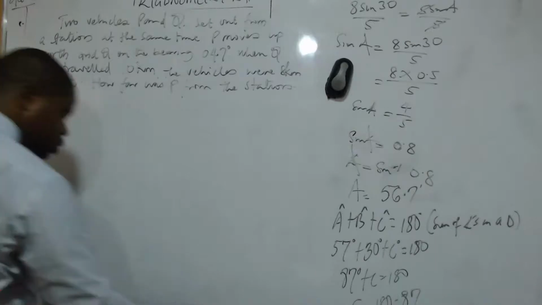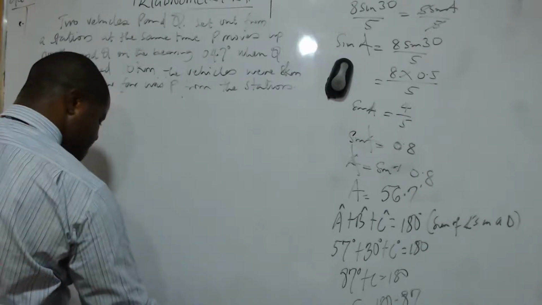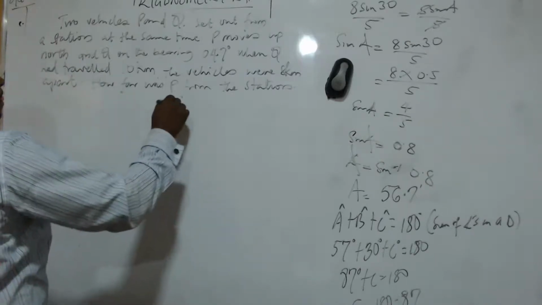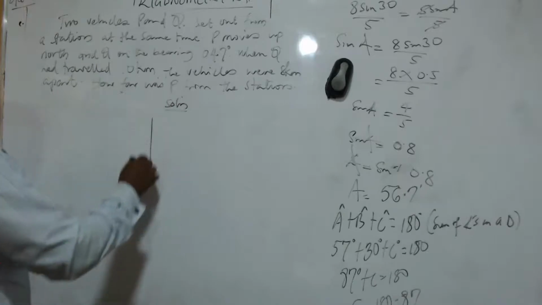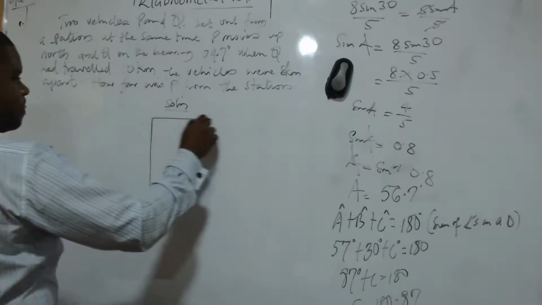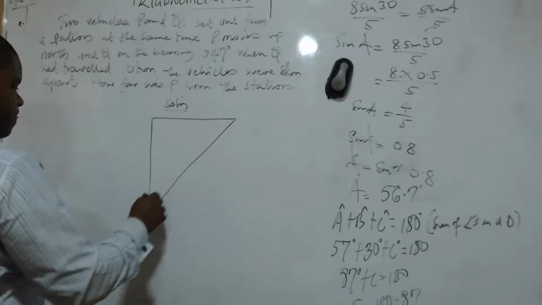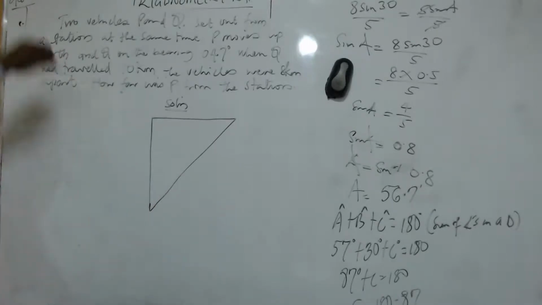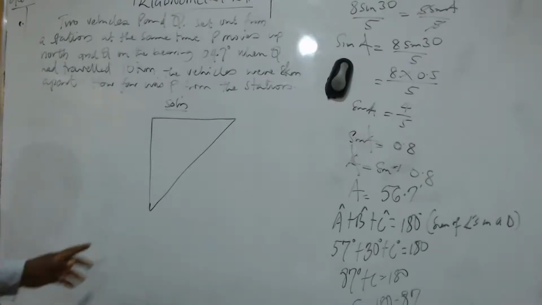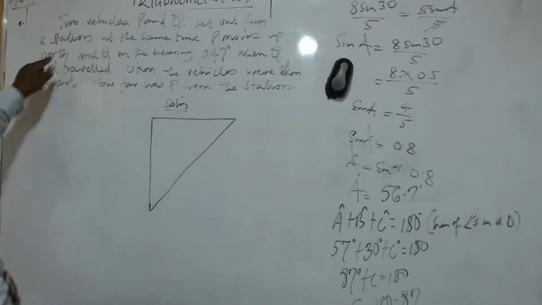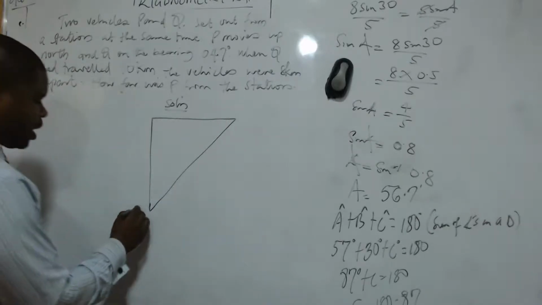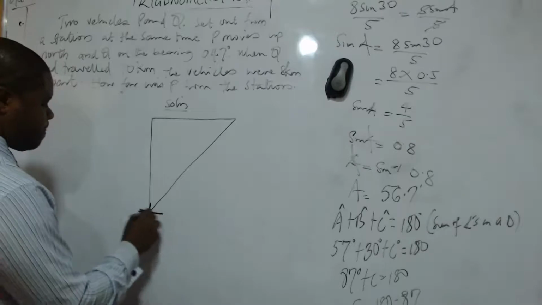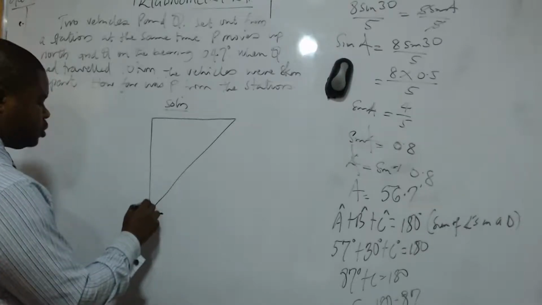Now we have a solution. Look at this. Two vehicles, P and Q, set out from the station at the same time. Moves up. Now, if this is our cardinal point, we have north.